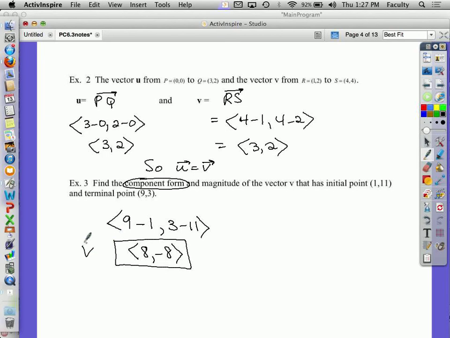for vector v. And then if I want the magnitude, it's much easier to use the component form than to do this stuff. So you're going to take 8 squared plus negative 8 squared. So that's 64 plus 64. And I want to pause here a moment and point out something that would be very, very helpful if you recognize it here: do you notice that you have two sets of 64?